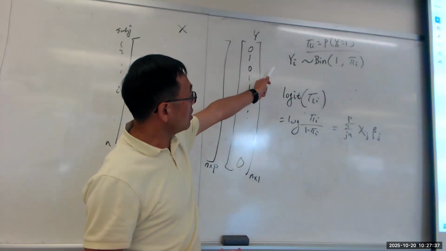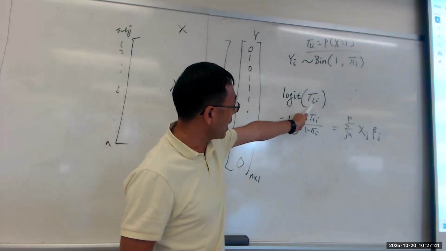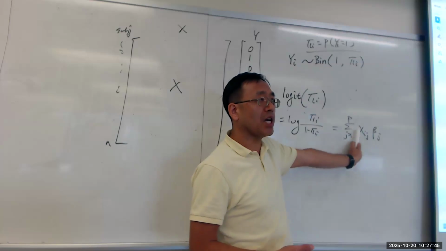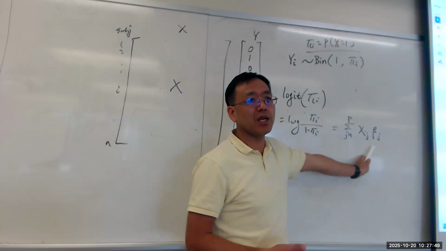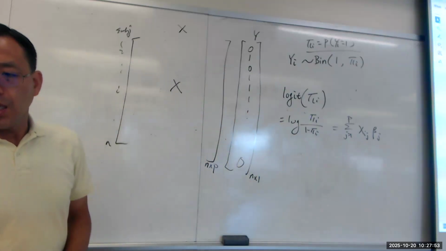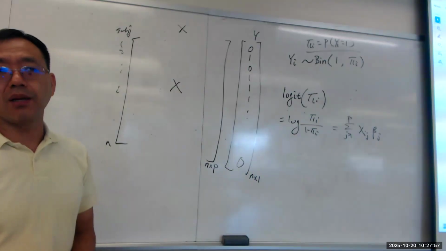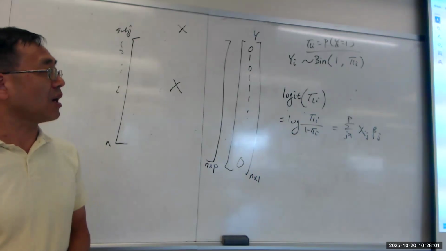And then what are you going to assume for logistic regression? You're going to assume this pi i is somehow related to your features x i j through this linear equation. That's what logistic regression is about. That's how the model is described.